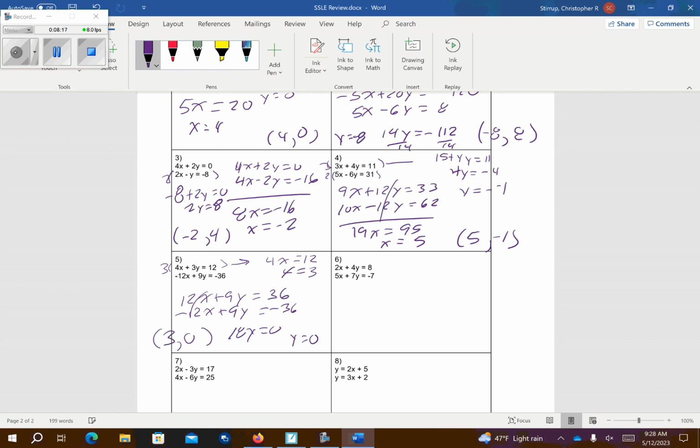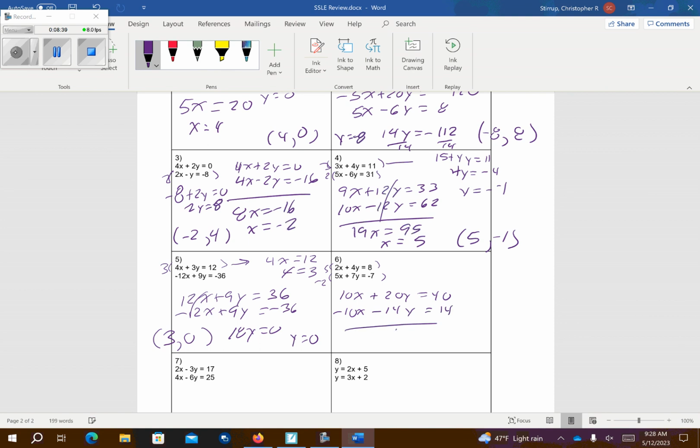For problem number 6, we have to figure out what to get rid of. Let's get rid of the x's. So I'm going to multiply the whole top by 5 and the whole bottom by -2. That's going to give me opposite x values. So if I distribute on the top with the 5, and I distribute on the bottom, I'm going to get this.